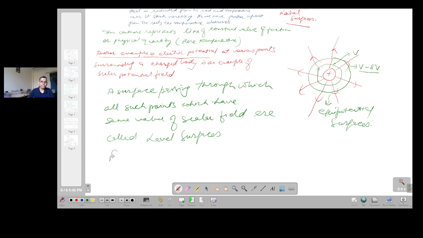And for the case of electrostatic potential, we call it an equipotential surface. So this is all about the scalar field.